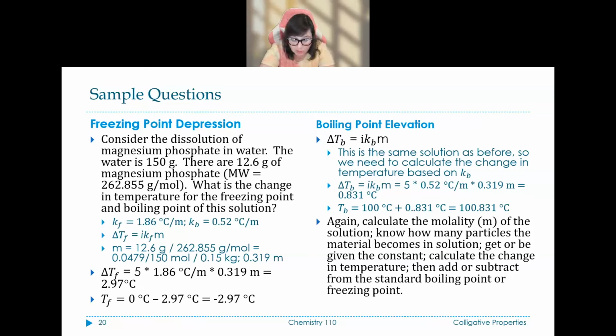And then I multiply that by the 0.319 molal that we just calculated, and that gives me 2.97 degrees C. So TF is going to be 0 degrees C minus 2.97, equal to negative 2.97 degrees C.